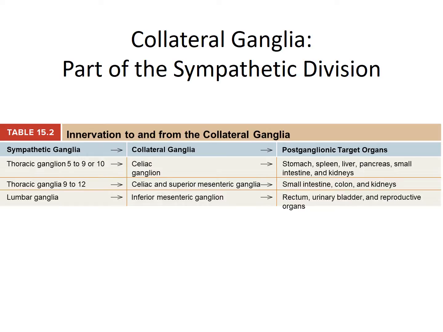Preganglionic fibers from T9 through 12, the thoracic ganglia, are going to synapse in the celiac ganglia or the superior mesenteric ganglia, and the postganglionic fibers will reach out to the small intestines, the colon, and the kidneys.